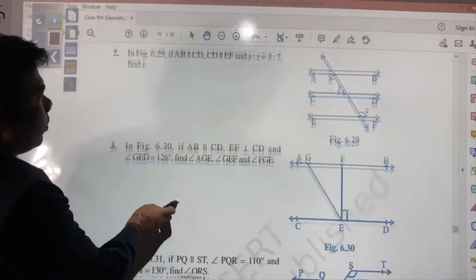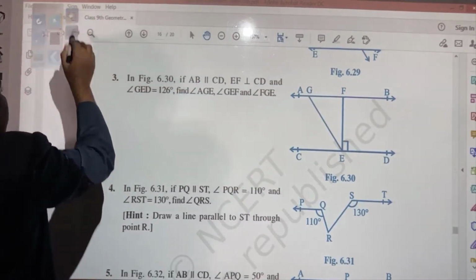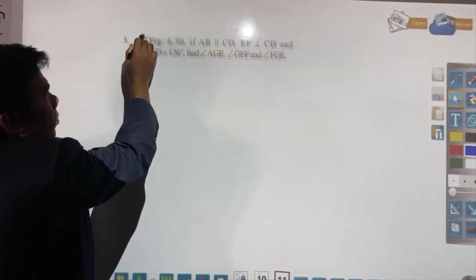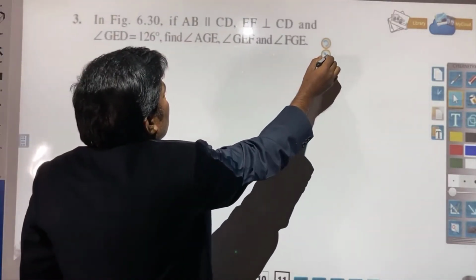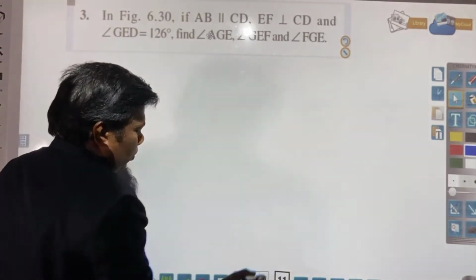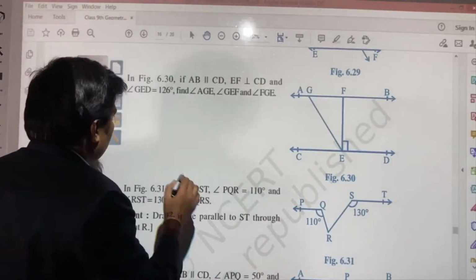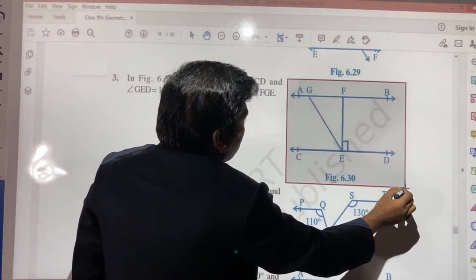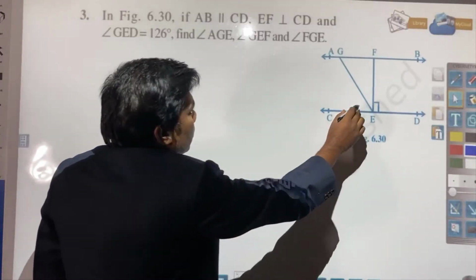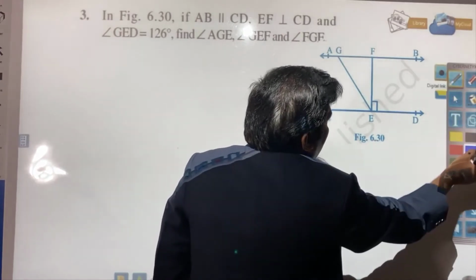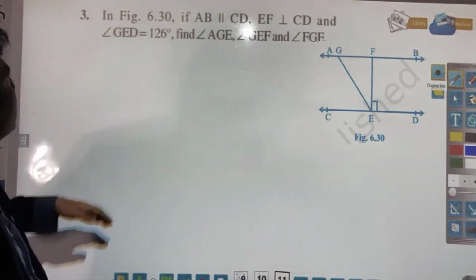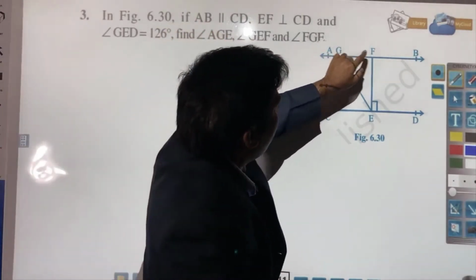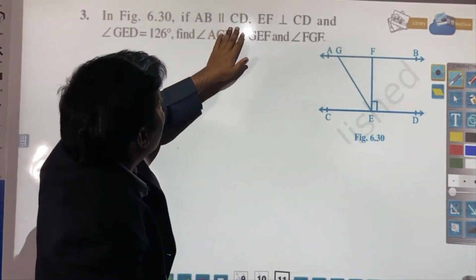Next you see question number 3. Here you see in figure 6.30, if AB is parallel to CD, this AB is parallel to CD has been given.